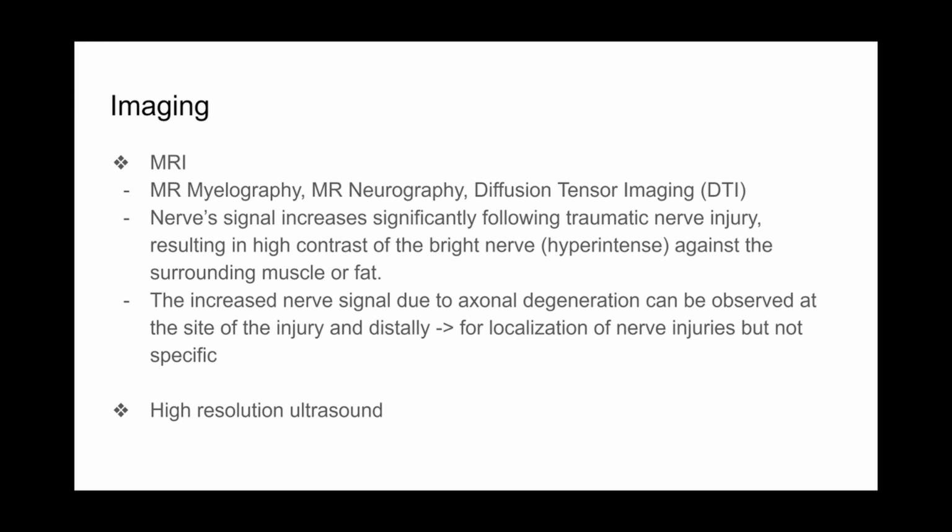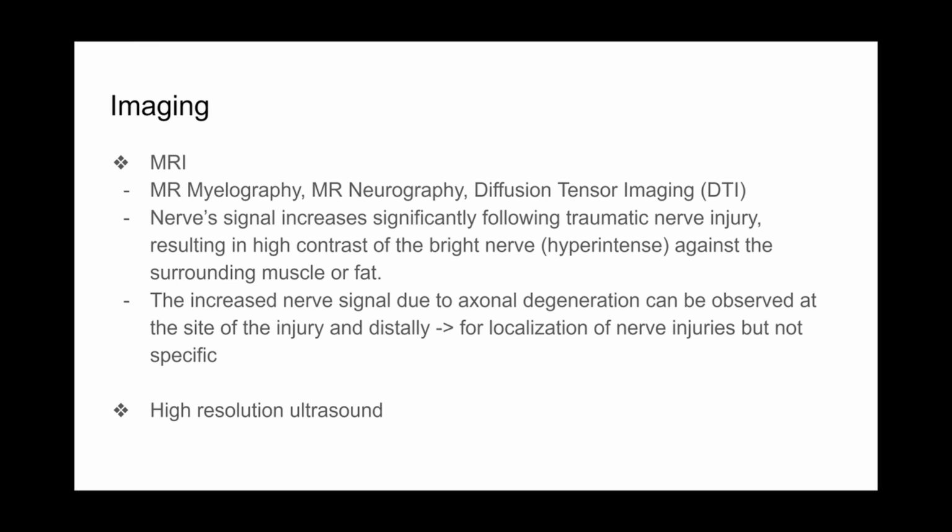Nerve signal will increase significantly following a traumatic nerve injury, resulting in high contrast of the bright nerve, which is a hyperintensity against the surrounding muscle or fat. The increased nerve signal due to axonal degeneration can be observed at the site of injury and distal to it.